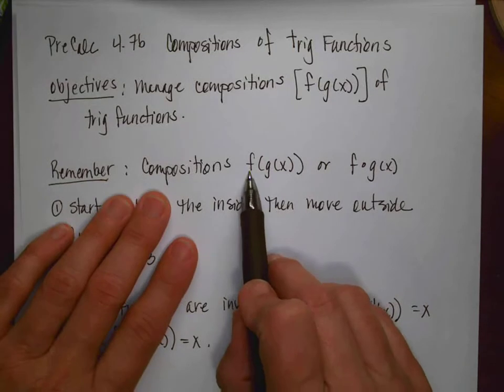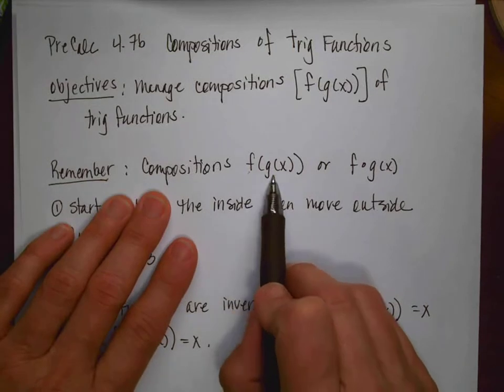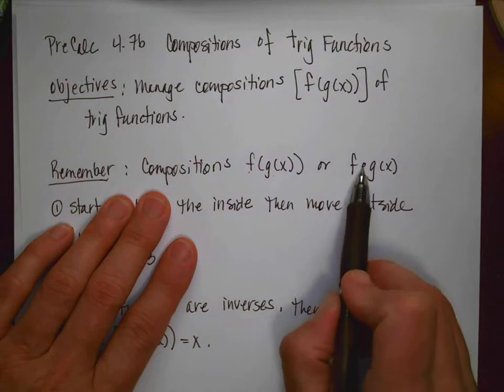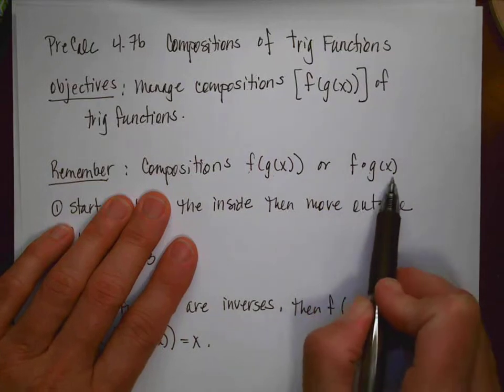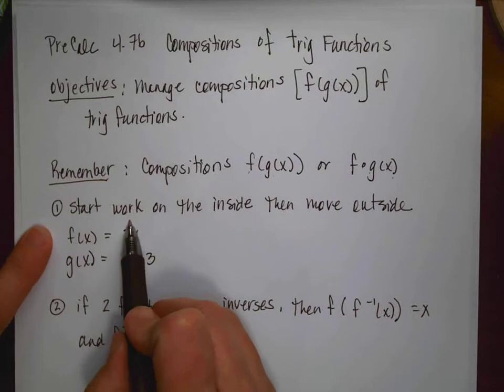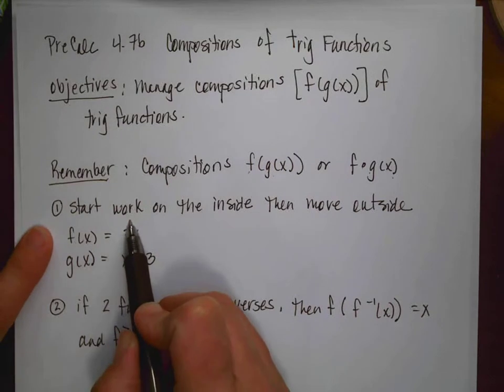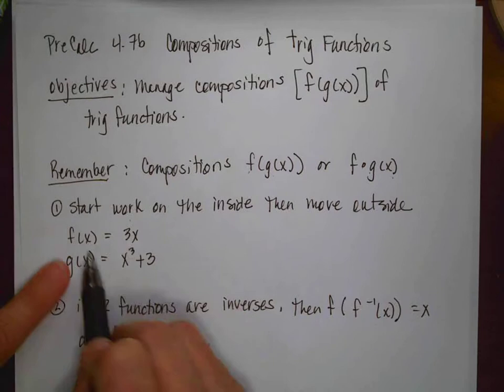A composition can be written as f of g of x, or it could be written as f, little circle, g, and then x. When we start doing a composition, we always start on the inside and work our way up.